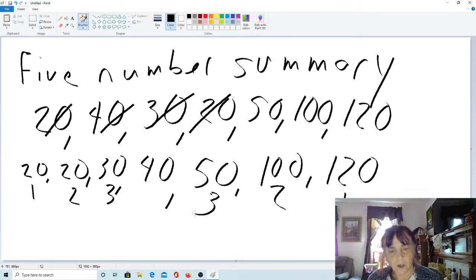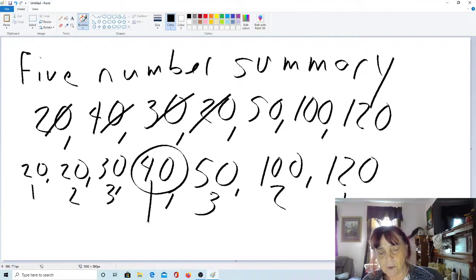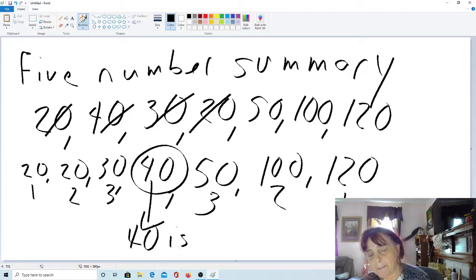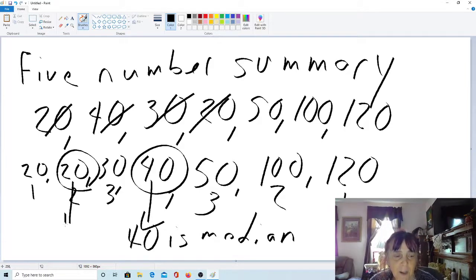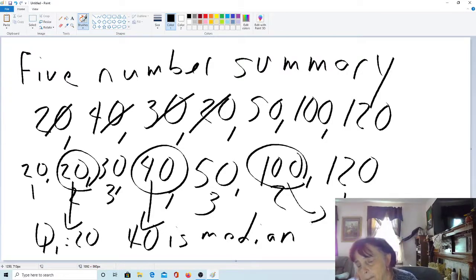Okay, so the median, the middle number, is 40. 40 is the median. And then the middle number of the lower half is Q1. And Q3 is 100.